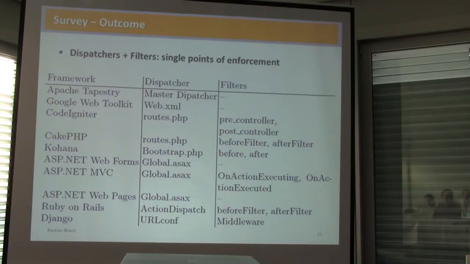Today they are mostly used for CSRF tokens, for example, to append them to outgoing responses and to read and check them for incoming requests. This is a good basis because this provides almost all necessary input to implement also a control flow integrity module. However, there is currently none. So it is more or less easy to implement one, not easy is too much, but it is possible without major rework, but it is still to do.